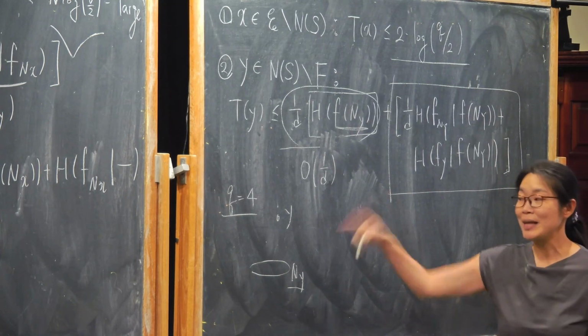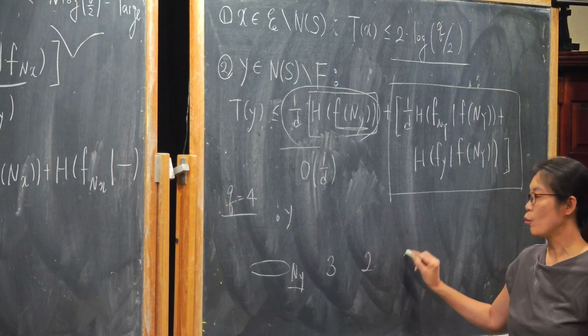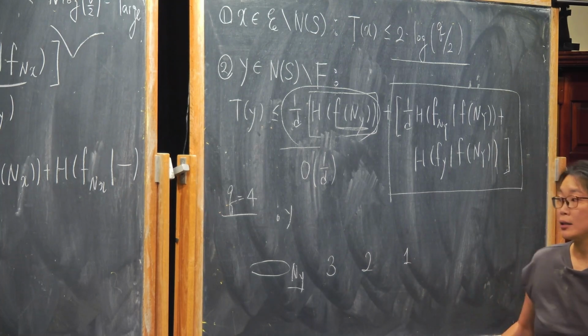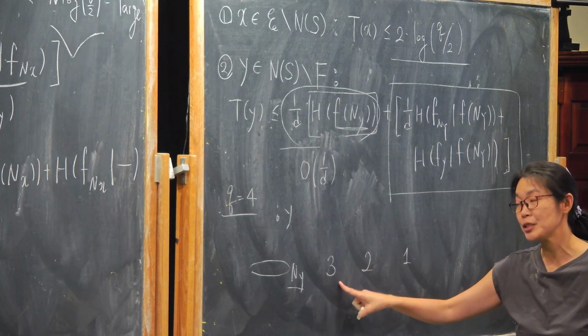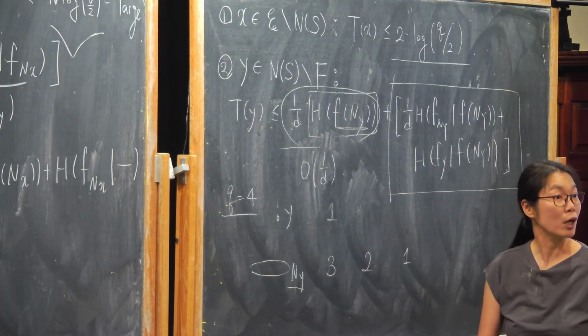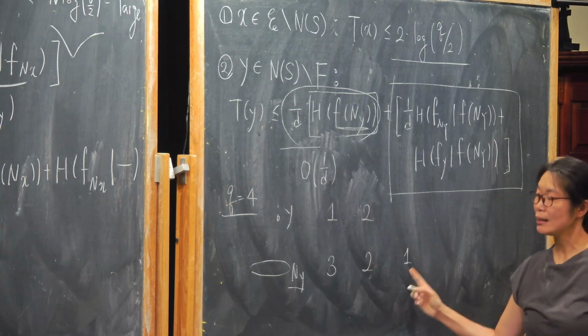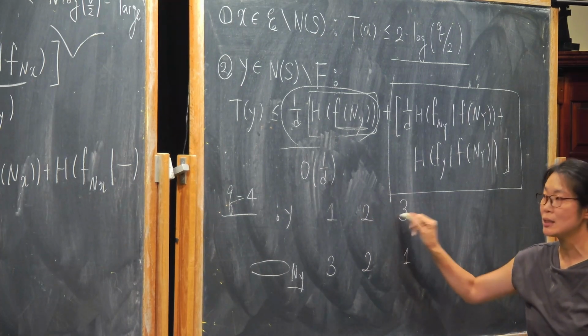In this case, the neighborhood can have 3 colors or 2 colors or 1 color. If the neighborhood has 3 colors, then the color choice left for y is just 1, because we are with 4 colors. In this case, that one has 2, and in this case, that one has 3 choices.